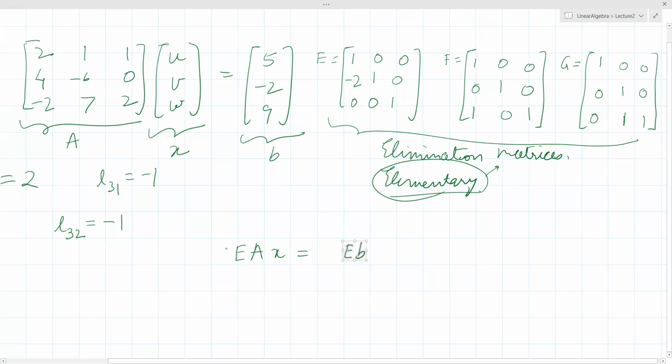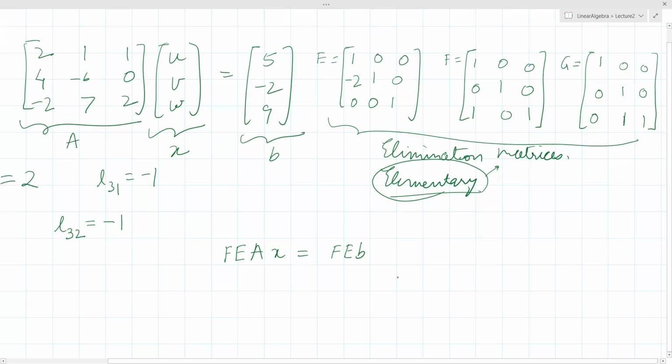Next you're going to multiply by A. That is the next step you're doing to this result. Think of it as stepwise. The first step was multiplying this whole thing by E. What did E do? E subtracted some multiple of the first row from the second row.